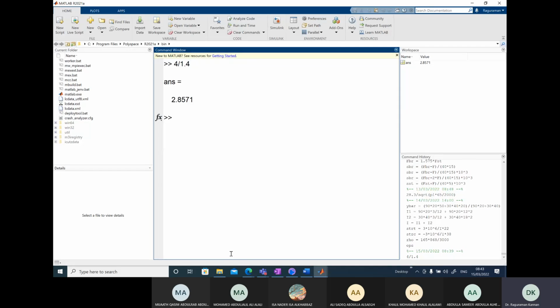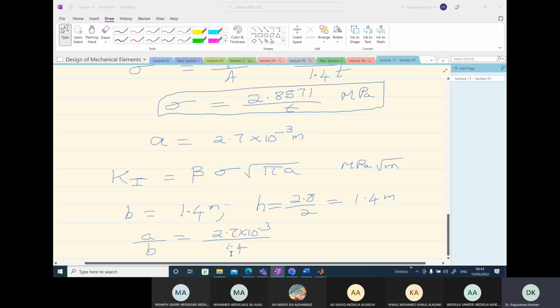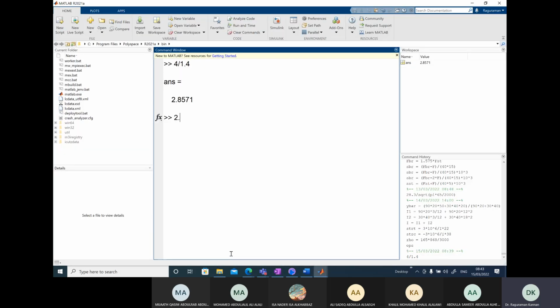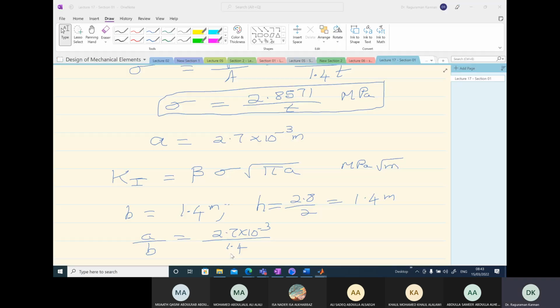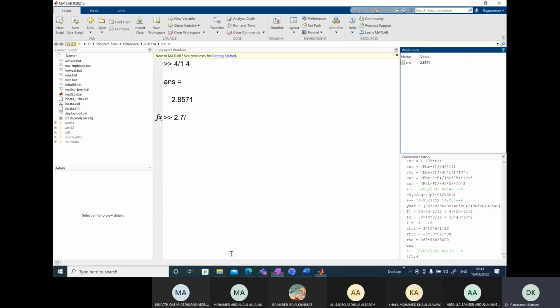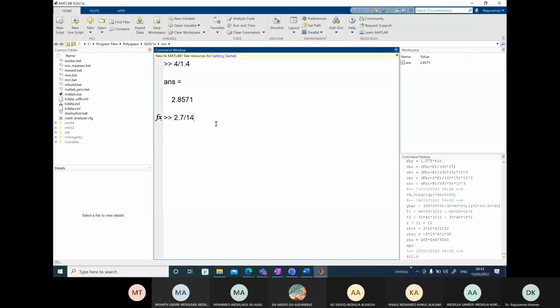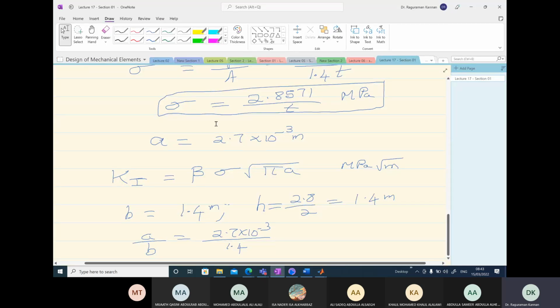You can check what the ratio is. 2.7 over 1.4 times 1000, which becomes 1400. You get 0.0019. Very, very small value, near 0.